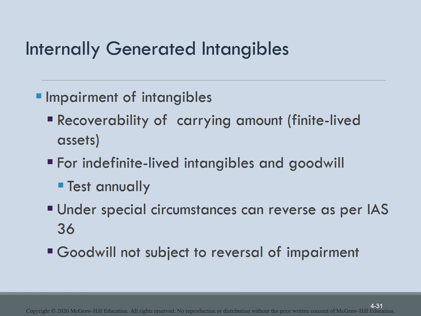For indefinite-lived intangibles and goodwill, you're not going to be amortizing them. You are going to impairment test them annually under both US GAAP and IFRS. And then under special circumstances, IAS 36 does allow for reversals of impairment losses for intangible assets, except for goodwill. Goodwill is not subject to impairment loss reversal.